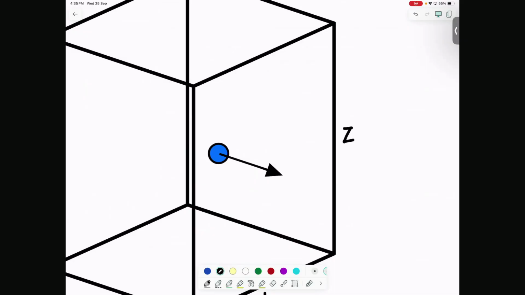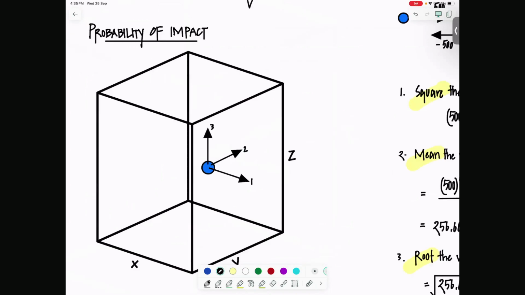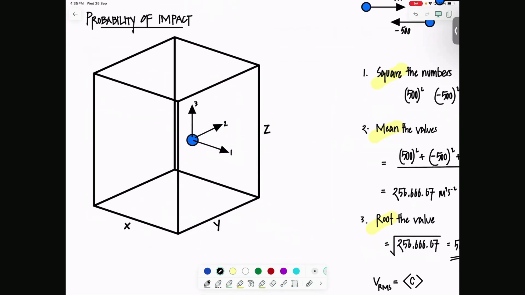Because your particle can go left, right, up, down, back, and forth. If I consider them x, y, z, but let's consider them as 3 different orientations, what is the probability of the particle colliding with any of the walls here?